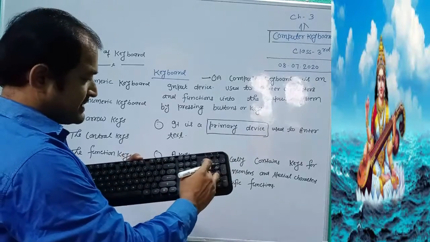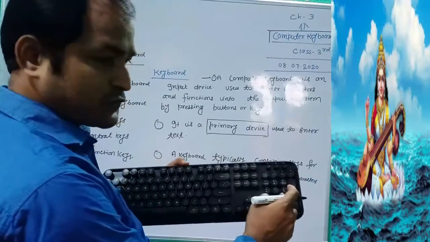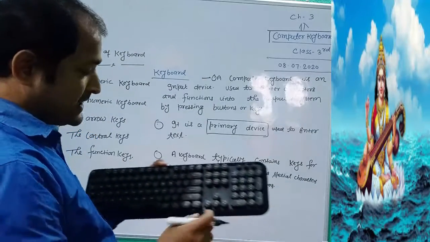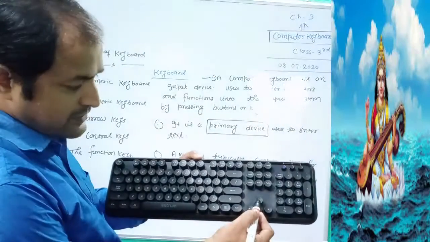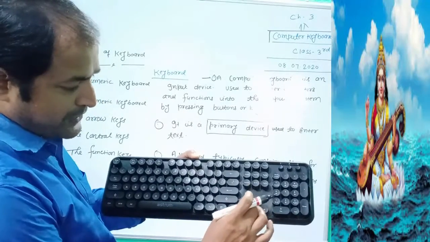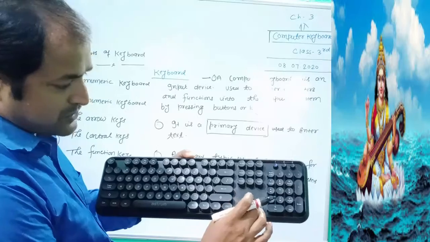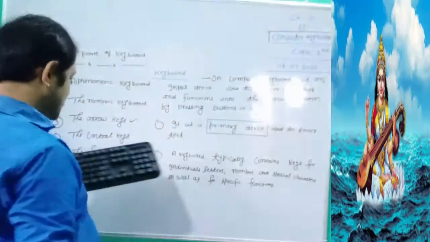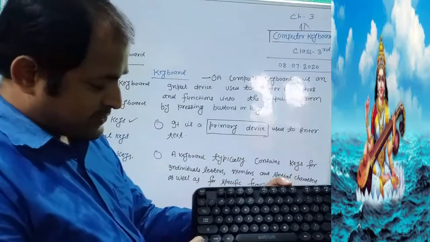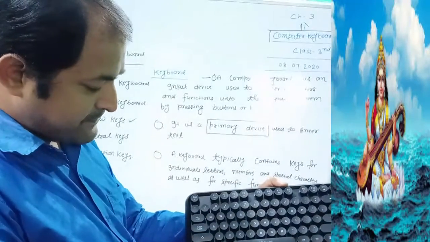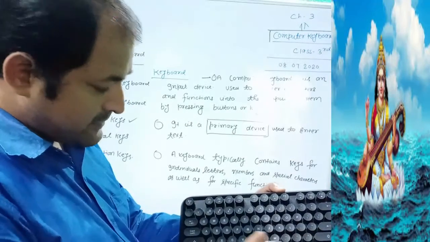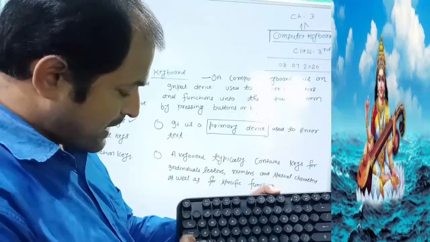This side, 7, 8, 9, 10, 5, 6, 1, 2, 3, is all the numeric keyboard. The arrow keys are these four keys. The control keys are Control, Shift, Alt, Tab. These are all parts of the control keys.